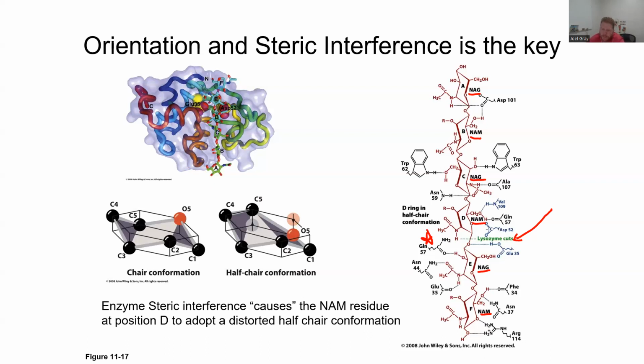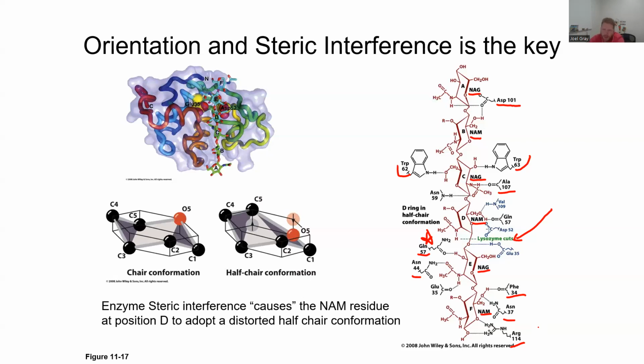Tryptophan 62, tryptophan 63. Up top, we have aspartate 101, alanine 107, glutamine, asparagine, phenylalanine, asparagine, arginine, all of these different amino acids that are helping position this oligosaccharide in the correct location so that we can actually break this glycosidic linkage.